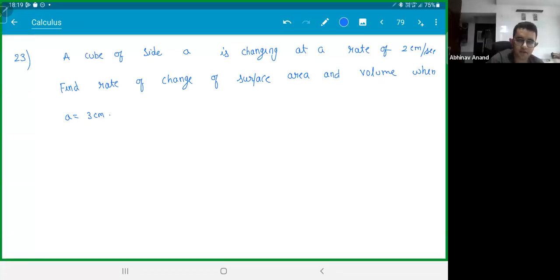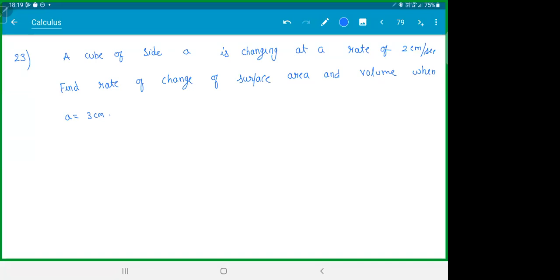The surface area here is the total surface area, right? Total surface of a cube. 6 faces, no?